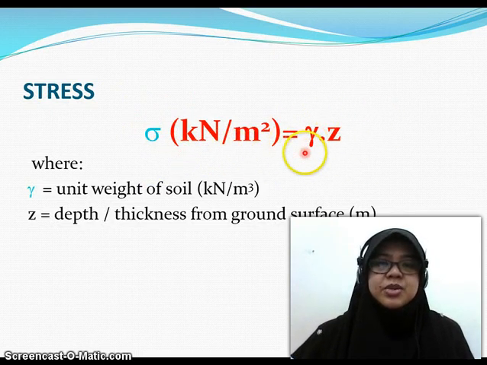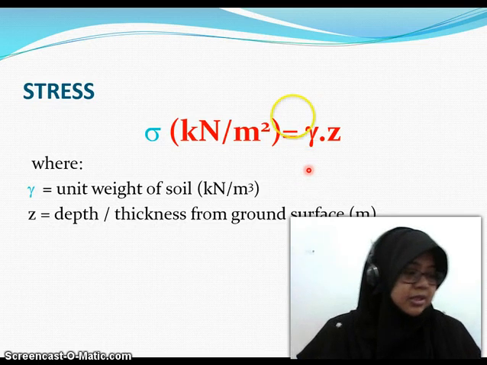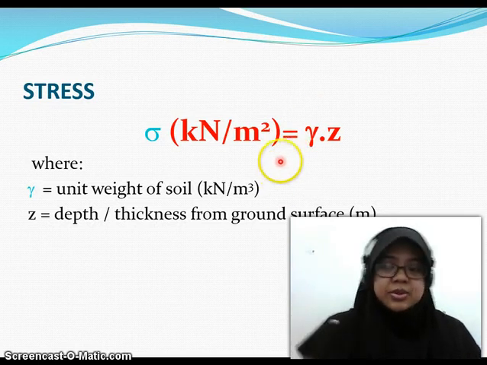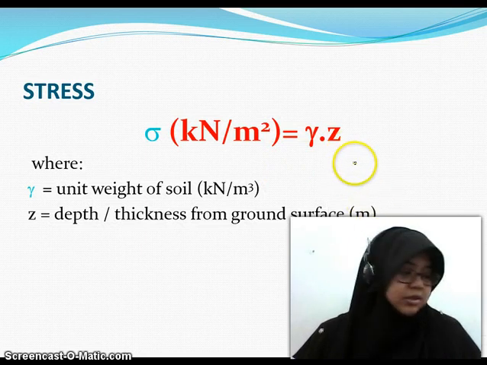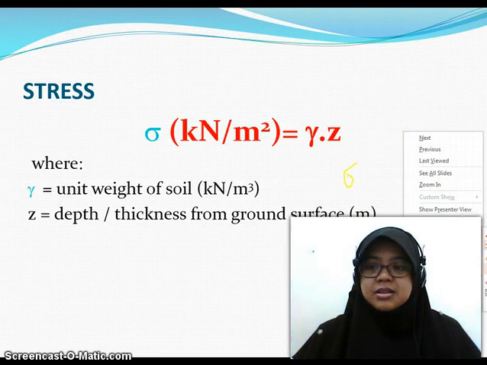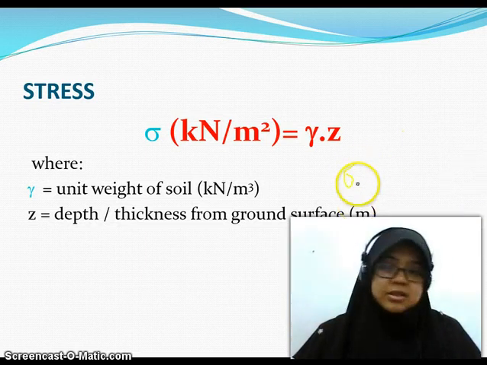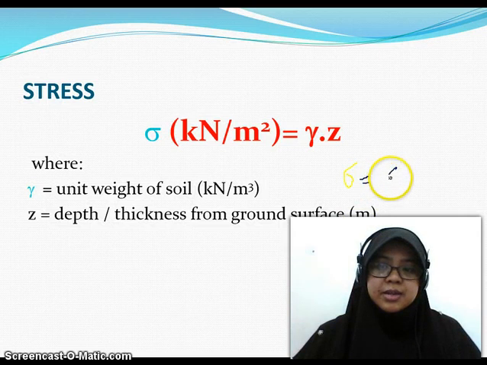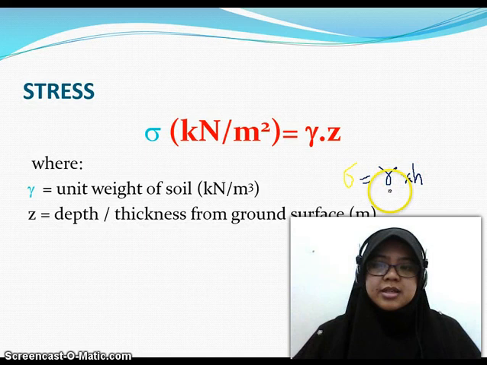Basically, we usually have the unit weight of soil, gamma, or the density of soil, rho. Stress equals gamma times height.